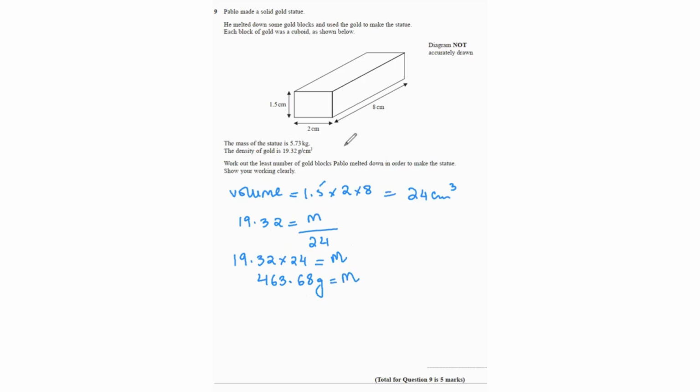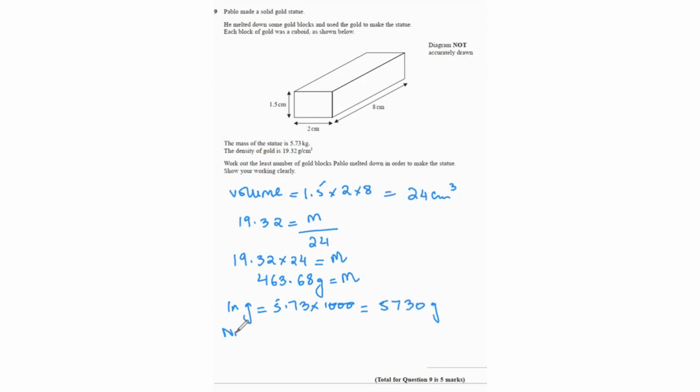Now, the mass of the statue is 5.73. So to work out how many gold blocks were used, and especially the least number of gold blocks, we need to convert the 5.73 into grams first, like we did in the previous question. So in grams, that's going to be 5.73 times 1,000, which is 5730 grams.